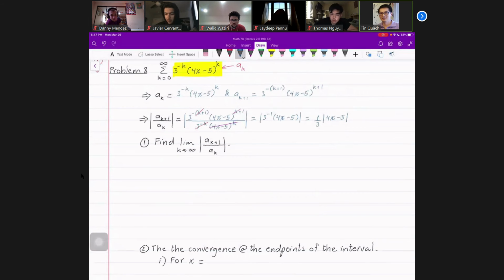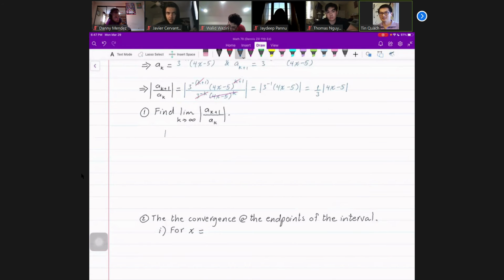So now let's find the limit. So the limit, as k goes to infinity, not n, it's supposed to be k, is 1/3 times this.